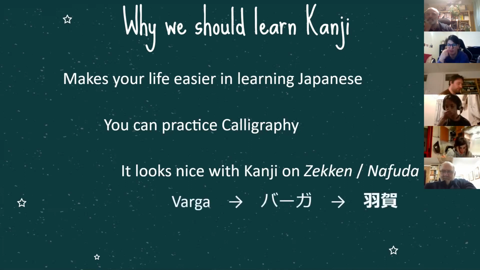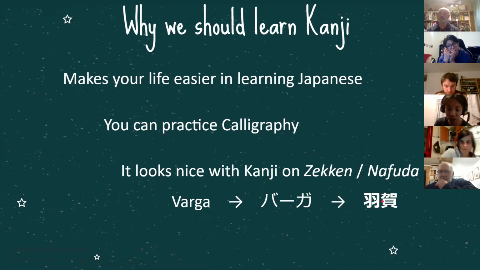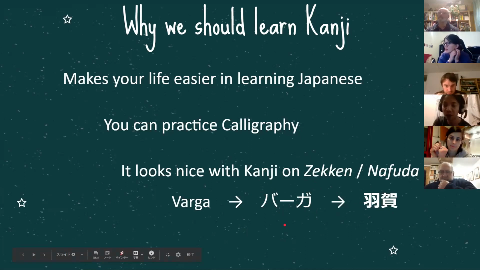For example, one of my dojo friends has the name Vaga. First I put it into normal katakana, and then I convert it into kanji. I use the least amount of kanji if possible, so I would use ba and ga, and I drop the long vowel.